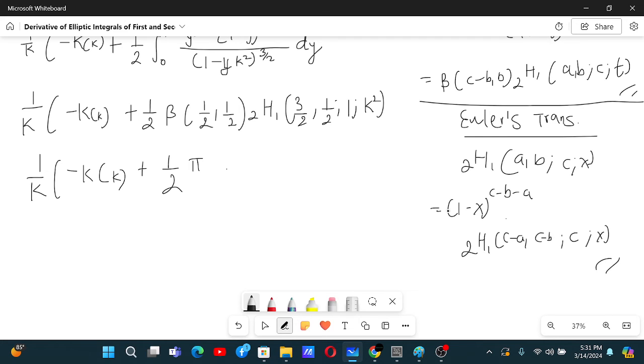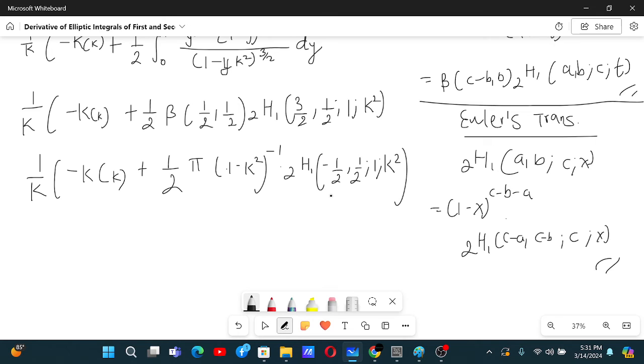This is Euler's transformation. If we use that over here, we get 1 minus k square to the power 1 minus 1 by 2 minus 3 by 2. That's 1 minus 2, so minus 1, and then 2F1. See, 1 minus 3 by 2 is minus 1 by 2. 1 minus 1 by 2 is 1 by 2. 1, and then k square.